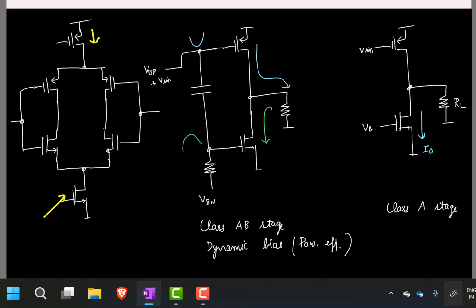As I mentioned, you can, in principle, bias the transistors so that they carry really small current. If that is the case, what do you think will be the overdrive voltage? If the bias current is really small, what will be the overdrive voltage? It will be really small. So VGS is going to be very small here. Now on top of this VGS, I will have the signal swings.